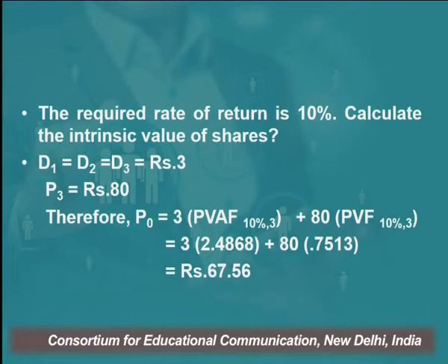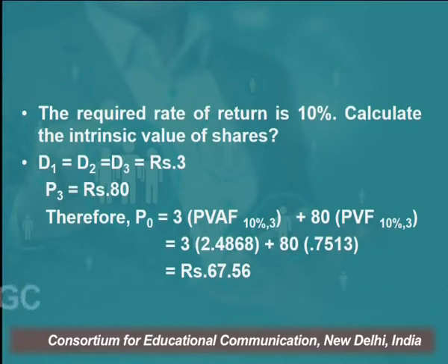This is the question. If the required rate is 10%, the investor's expectation is that the investor will invest in that investment which gives a minimum return of 10%. So D1, D2, D3 is fixed, that is 3 rupees. P3 at the end of the year is 80 rupees.